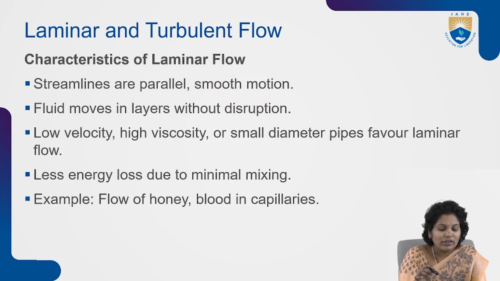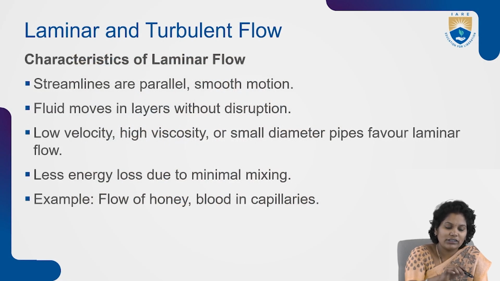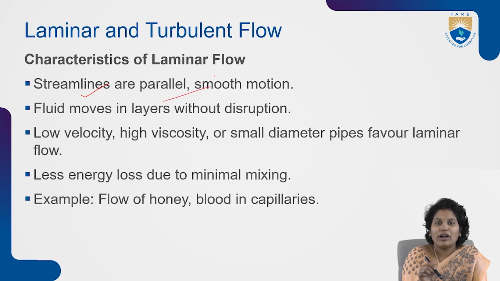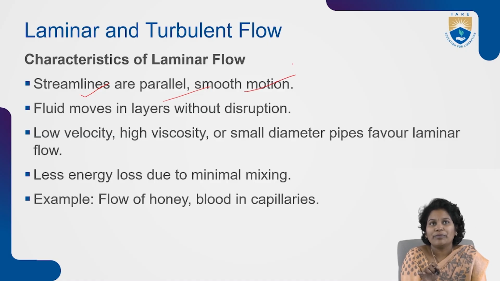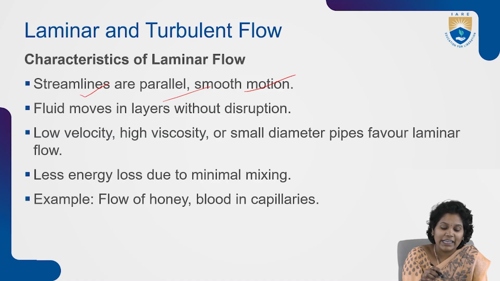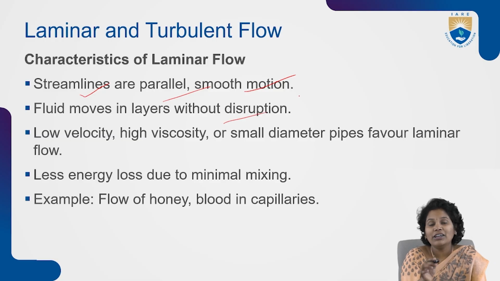So here we are differentiating laminar and turbulent. In laminar flow, the streamlines are parallel and it is moving in a very smooth motion, right? And the fluid moves in layers without disturbing the other layer.